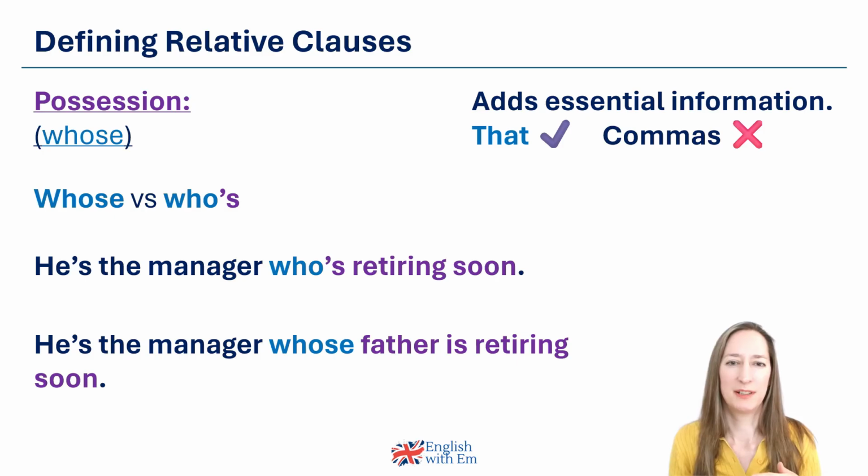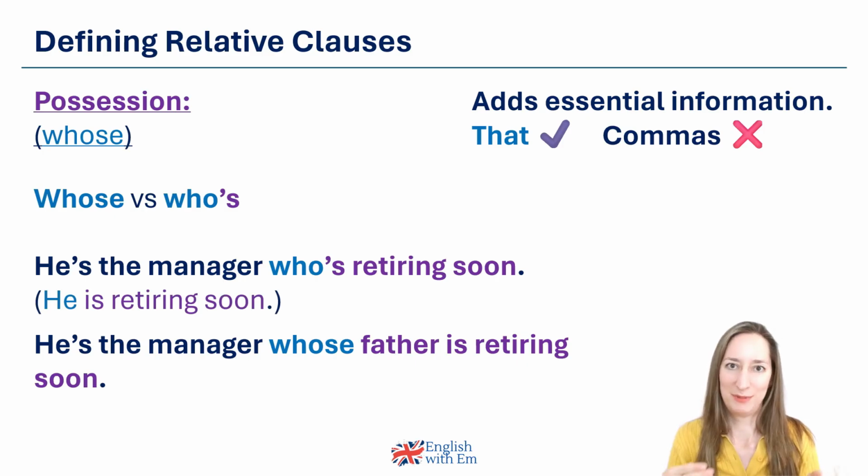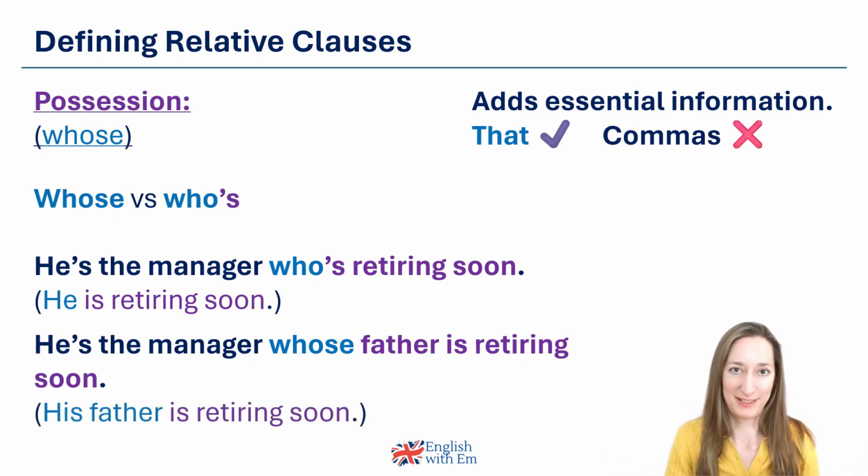So, who's retiring soon? Who? Who's retiring soon? He is retiring soon. If your answer is with a subject, then you use who, who is, shortened to who's. Whose father is retiring soon? His father is retiring soon. So if you can answer the question using a possessive form, then use whose.